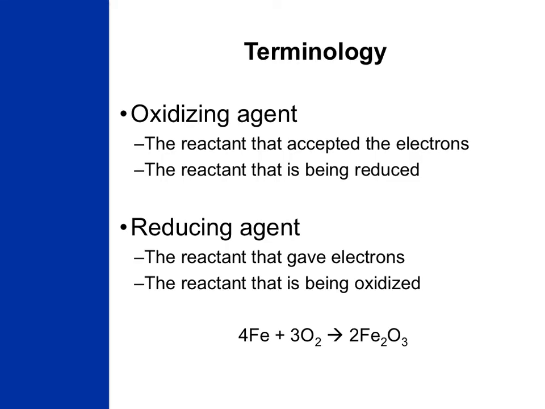If we look back at our example with the iron(III) oxide, we know that the oxidation states of all the atoms are 0, 0, +3, and -2. We can then follow how the electrons are moving. The iron goes from 0 to +3. We know that's a loss of electrons, so that is being oxidized and is then the reducing agent.